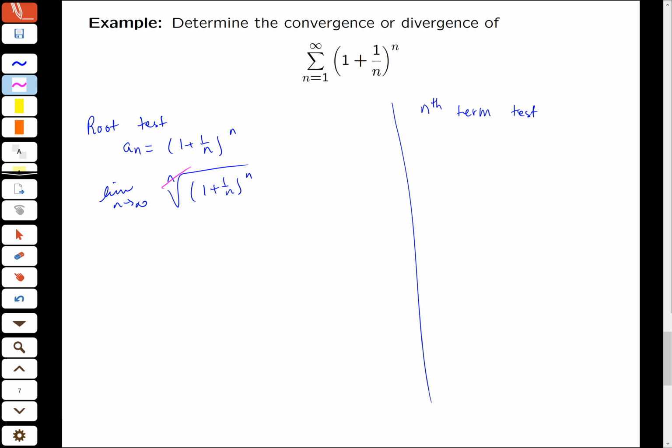They cancel. Now this is a very easy limit. What is that limit going to be equal to? Compare it. Bigger than 1, less than 1, equal to 1? Equal to 1, so inconclusive.